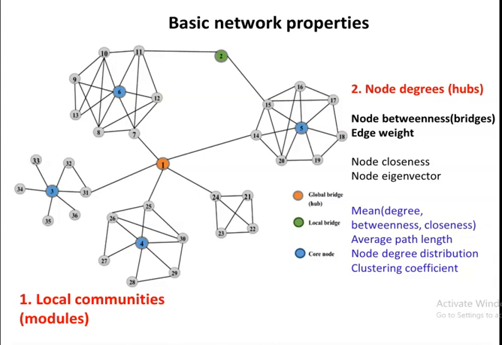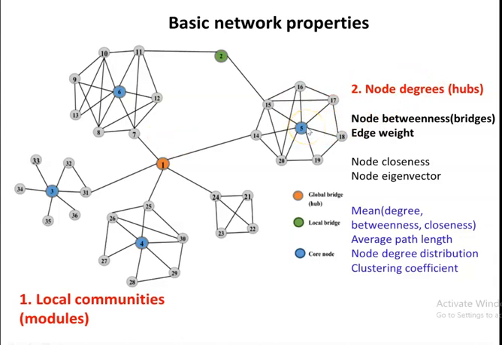And then by analyzing the properties of the nodes and edges in the context of the network, we can identify how important particular nodes or edges are for the maintenance of the structure of the network. For example, one very famous property of the nodes is that they can have a varying number of interactions with other nodes.